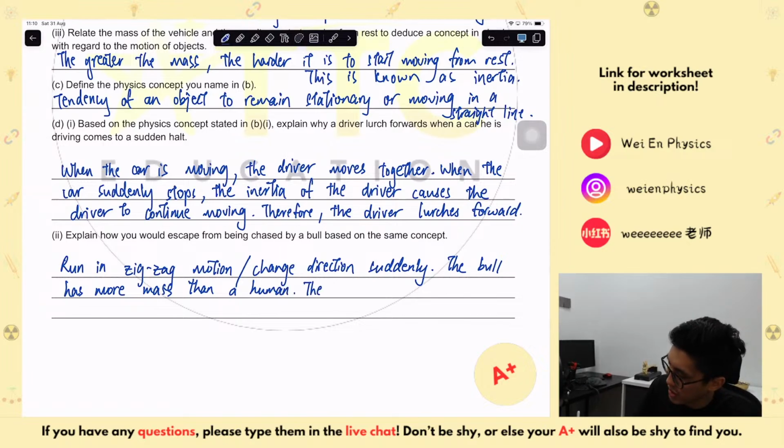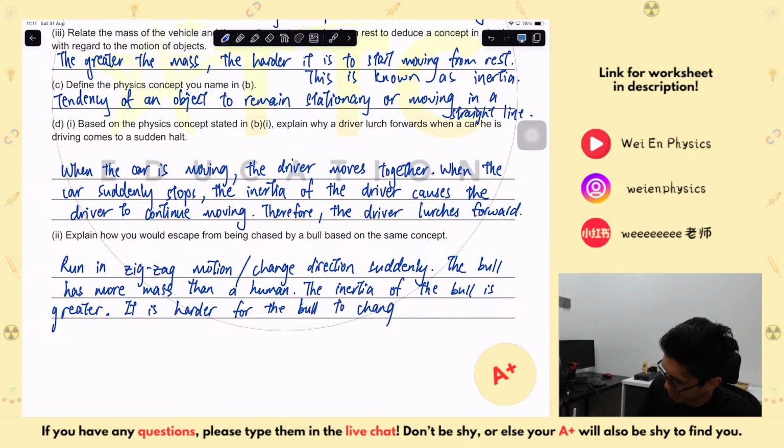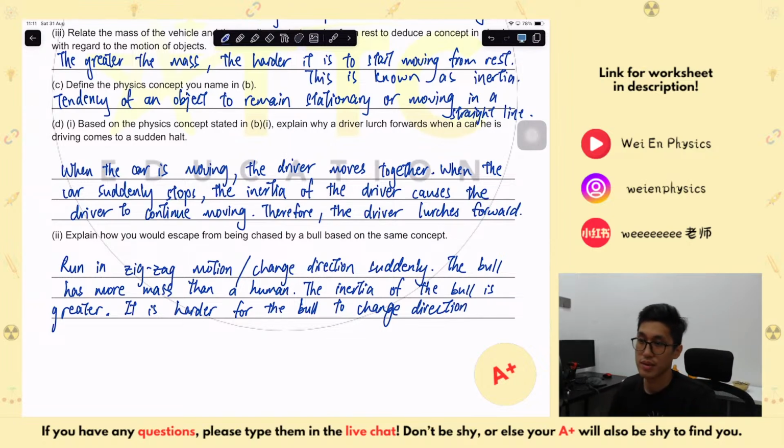This means the inertia of the bull is greater, so it is harder for the bull to change direction.